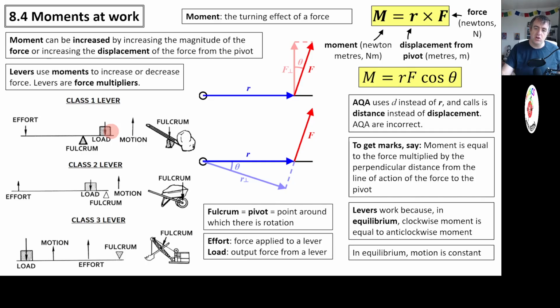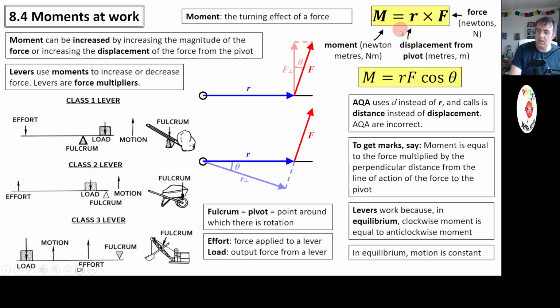The beam is going to push on the rock with the same magnitude of force, that's Newton's third law. Over here on the other side of the beam is where I push it, and we call that the effort, the force I am applying to the lever. And you'll notice that the load is closer to the fulcrum than the effort is.